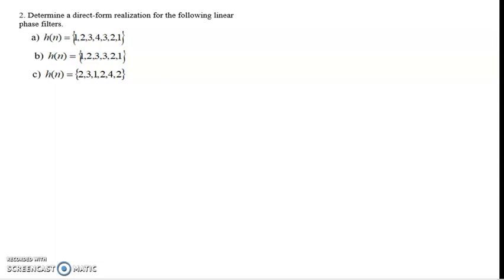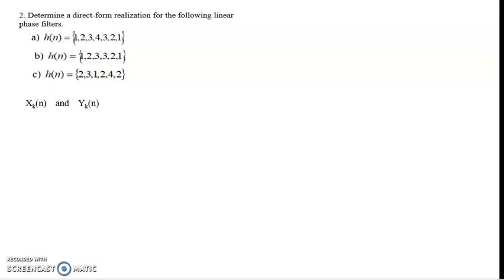To deal with this question, we need to form equations that represent the input-output relation of these filters. I mean, if xk of n and yk of n are the input and output of these filters respectively, then we have to form functions relating xk of n and yk of n.